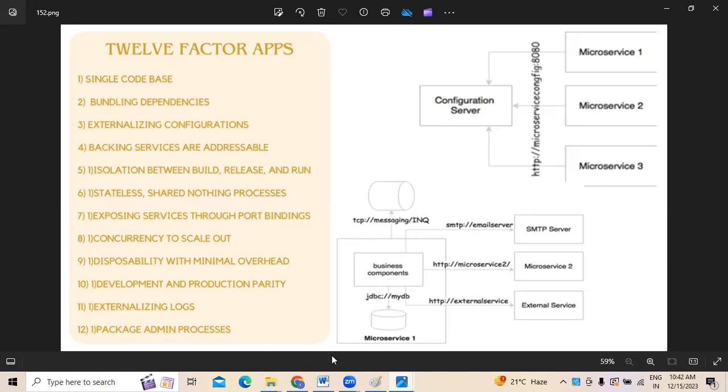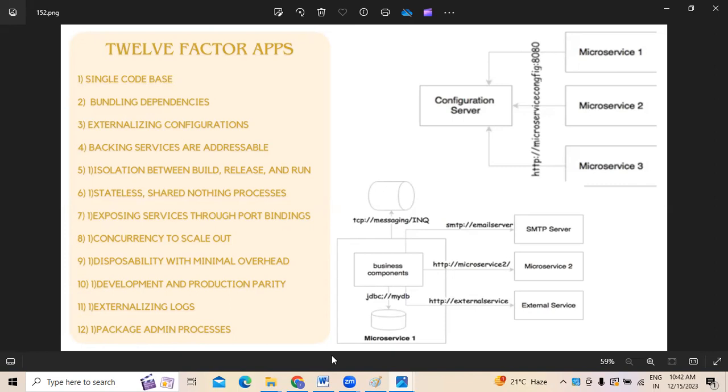So whenever we are creating these microservices, assuming we are developing a cloud application, these factors we have to consider. This is point number one.